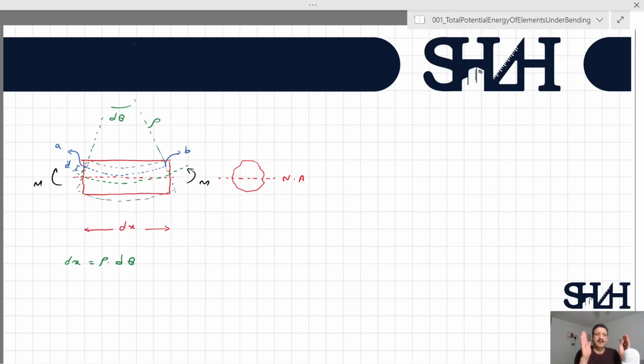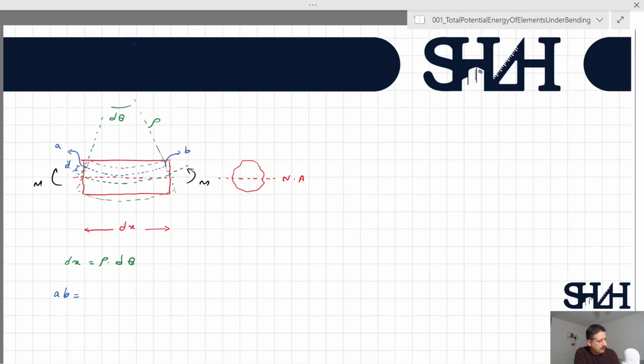So initially, before applying the bending moment, the length of AB was dx. But after bending, if the bending moment is positive and AB is above the neutral axis, it is shorter than the original length. So now we are going to calculate the elongation of this AB.